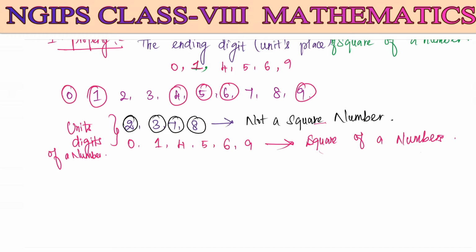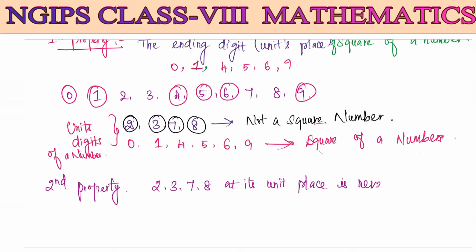Now the second property: a number having 2, 3, 7, 8 at its unit place is never a perfect square. I have given examples here, and I will give a few more.